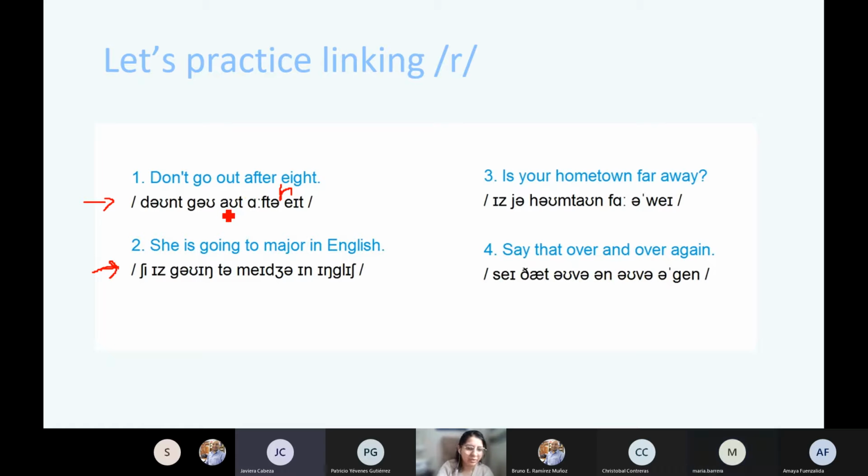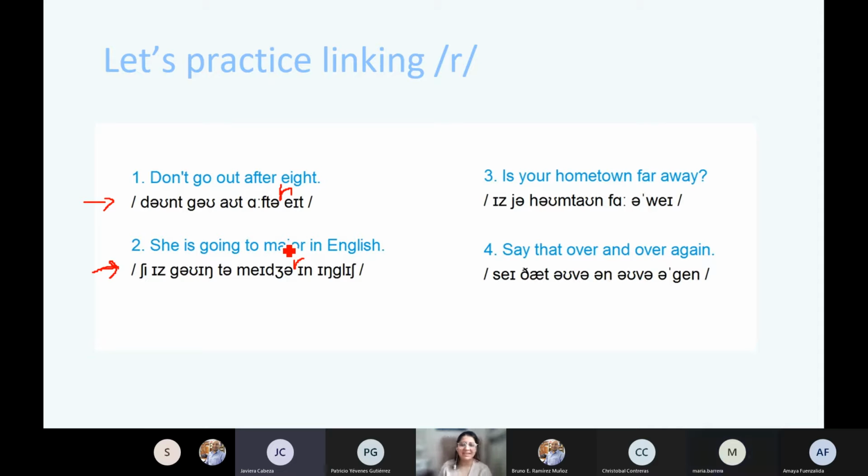Perfect. And when do we include the linking R? Oh, in which? Because this is the way I was pronouncing it. She is going to major in English. Yes. It's major in English because in is a vowel. So here, right? That was correct.